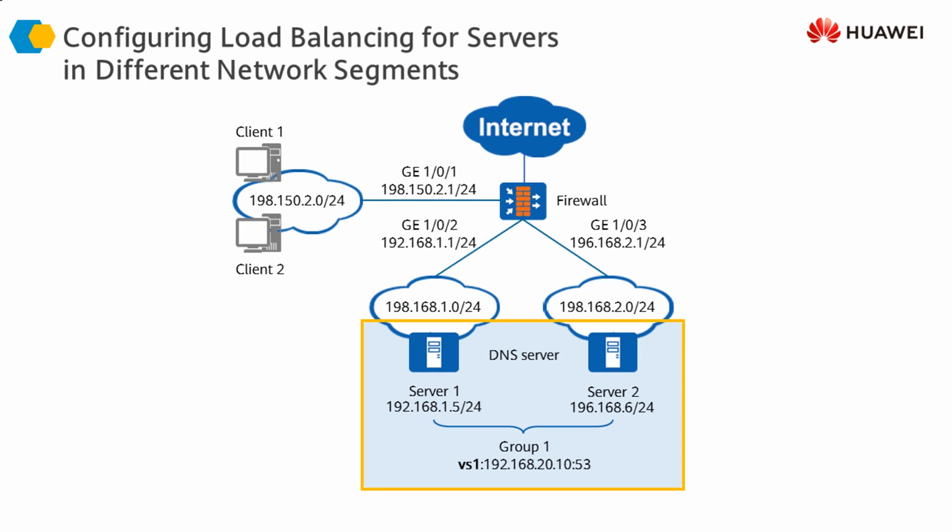Here's an example where we've got two servers which are providing DNS service, and we want to configure load balancing across these servers, and we need to do the configuration on the firewall. What we'll do is that on the firewall, we will do the basic configurations first, which are not related to server load balancing, but those are basic firewall configurations.